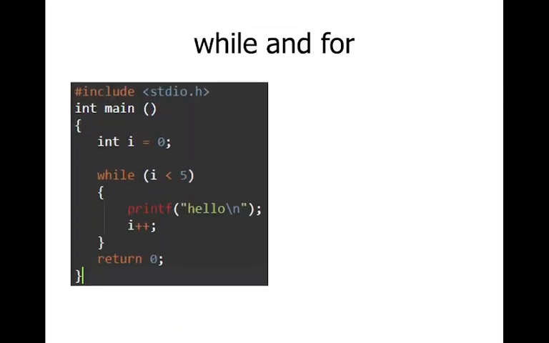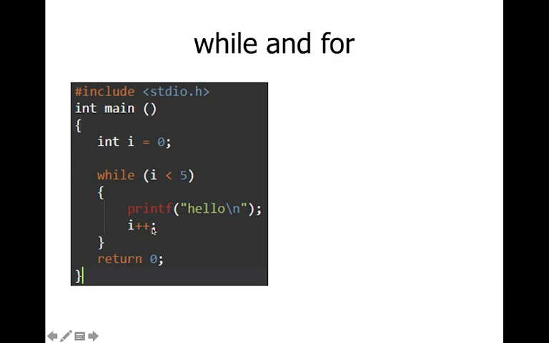So we'll see the while loop first. So we have already seen this program to print hello 5 times. So we have initialized i equal to 0. Then we'll check while i less than 5. So 0 is less than 5. It will print hello. After that, what it does, we will be updating the i value. So i will be incremented by 1.